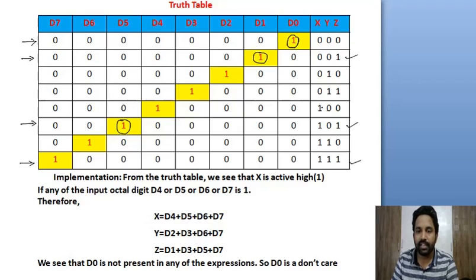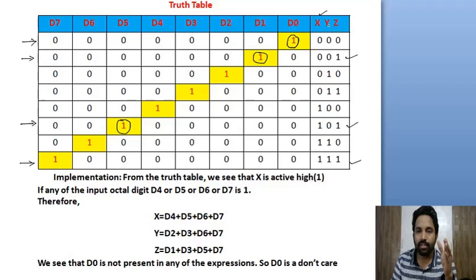The X is activated here in D4, and whenever X is logic high, those are the respective inputs you need to consider. So to write the expression for X, Y and Z, first of all we need to consider X. Here X is logic high. The respective inputs are nothing but D4, D5, D6 and D7.